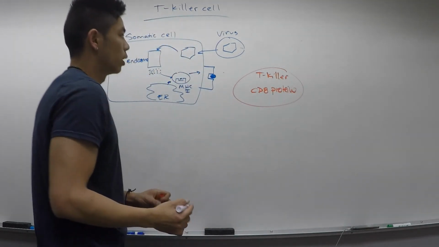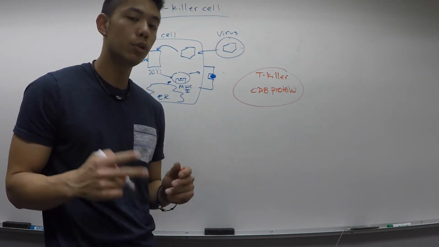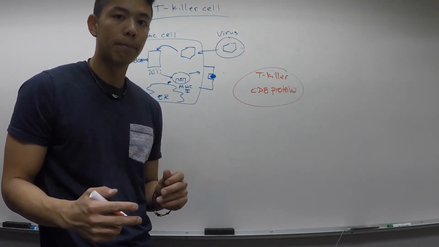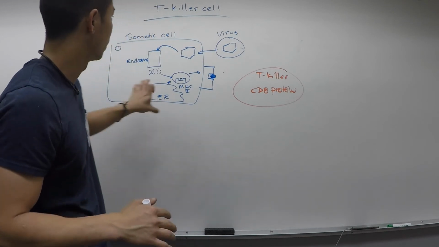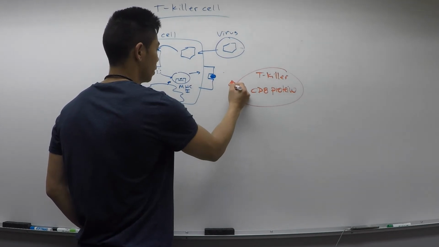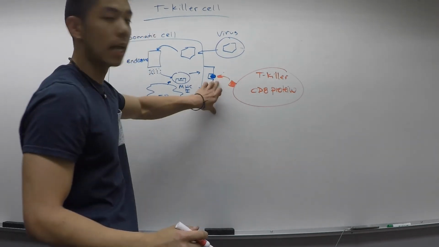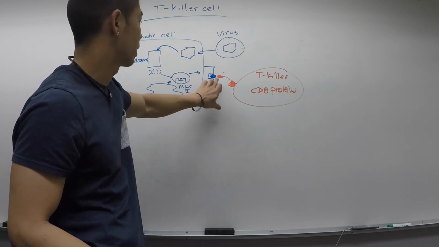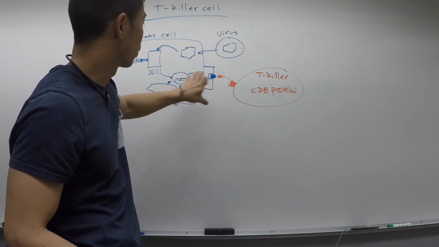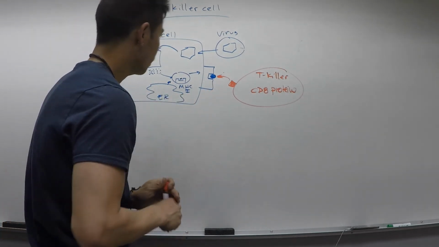And the T killer cell is going to have to do two different things before it can kill this somatic cell. The first thing is it's going to have a T cell receptor, and it's going to have to recognize whether or not this epitope is foreign to us. If this epitope is foreign to us, we're going to kill the somatic cell. If it's not, then we're not going to.